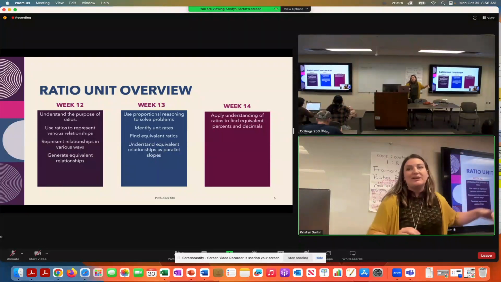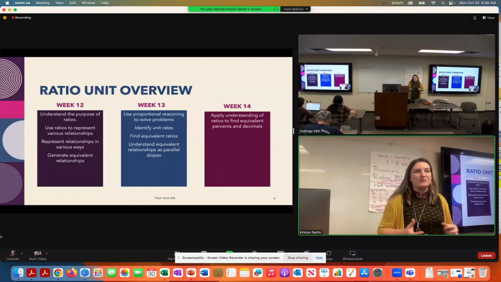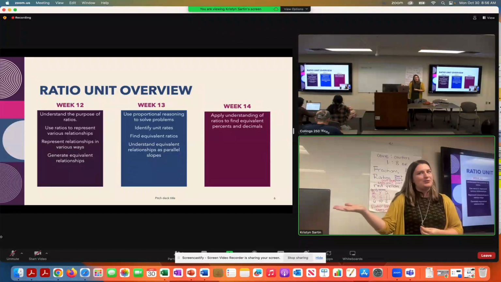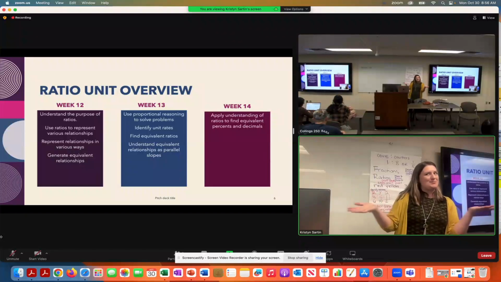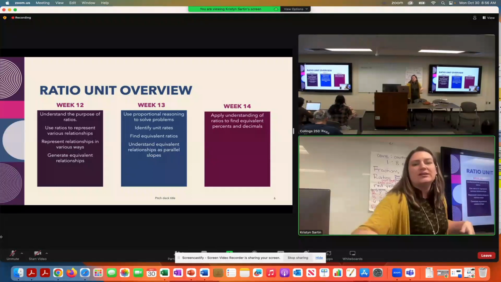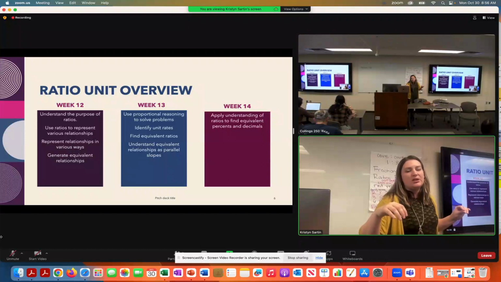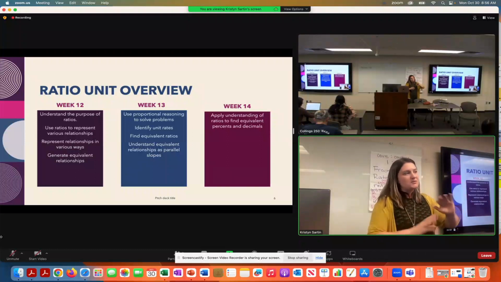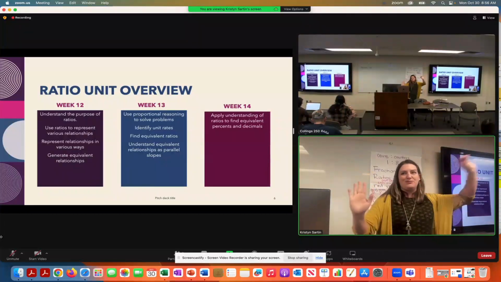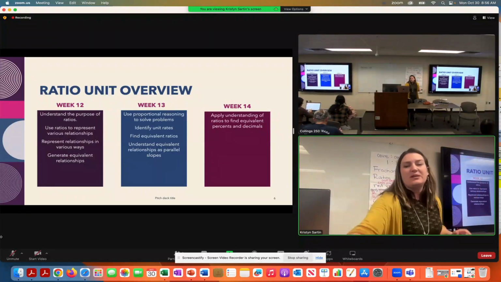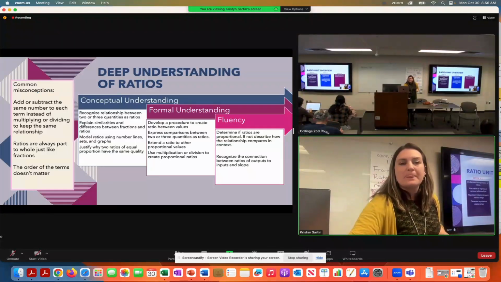So the next week, we're going to use it to solve problems, like, if you had this many red counters now, how many yellow counters would keep the ratio the same? We're going to wait for that for the next week. And then understanding equivalent relationships as parallel slopes. So taking that idea of ratios and moving it to the abstract graphing idea will be a part of next week also.